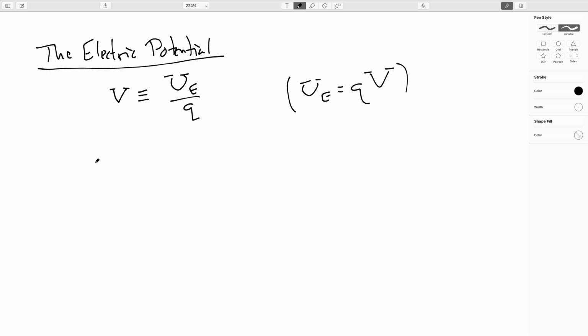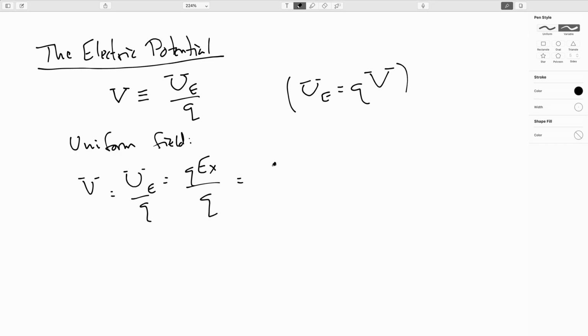So, for instance, if we have a uniform electric field, we saw that the potential energy was QEX. And so we can divide both sides through by the charge to get just E times X. And similarly for a point charge, this is the exercise we just did.